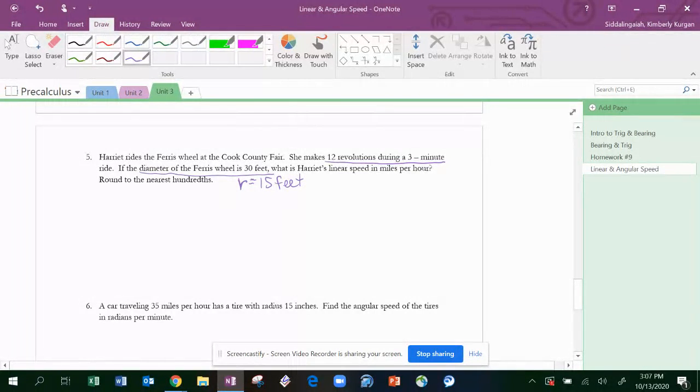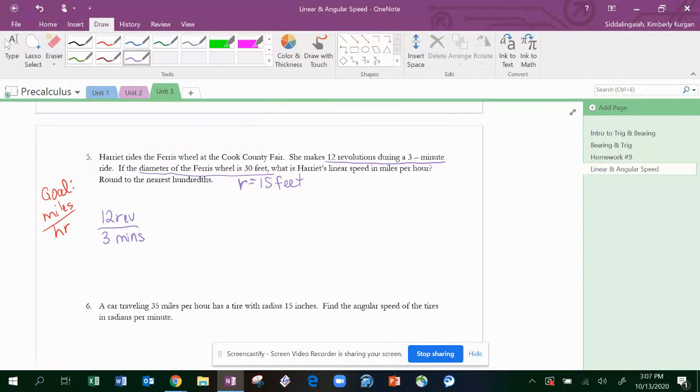Okay, so we want Harriet's linear speed in miles per hour. So let's write our goal over here. We want miles per hour. So we're probably going to be doing a lot of conversions here. Let's start with the first speed we know, and that is 12 revolutions for 3 minutes. Okay, so we can either work with the revolutions or we can work with the minutes.